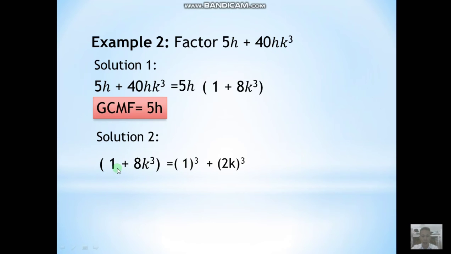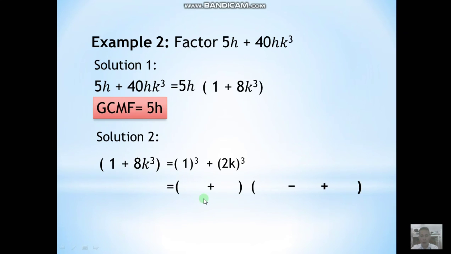The result is still 1. And this is the exponential form of 8k cubed, meaning quantity 2k is being multiplied by itself 3 times, so the result is still 8k cubed.